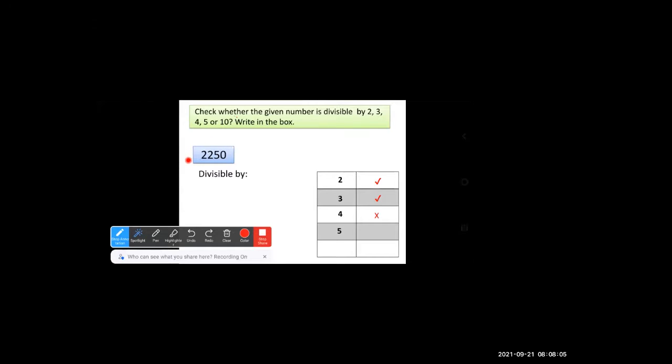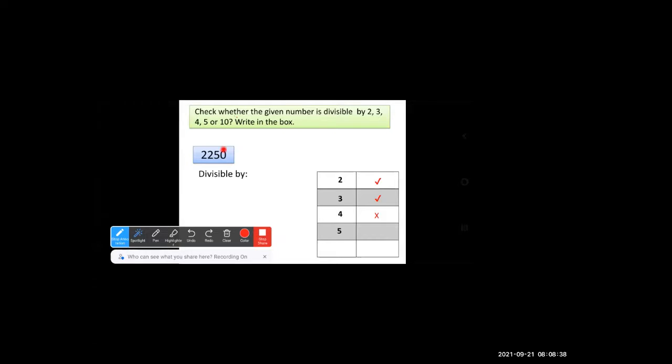Yes or no? Miss, it is divisible by 5. Very good, beta. But can you tell me why you said that it is divisible by 5? What is the rule or the condition to check whether the number is divisible by 5 or not?